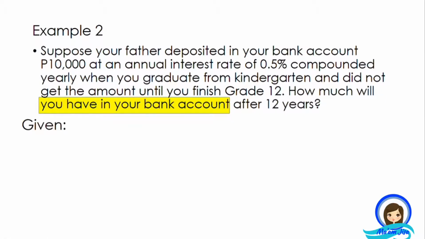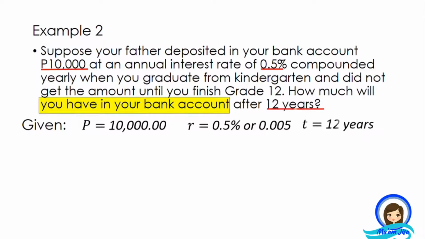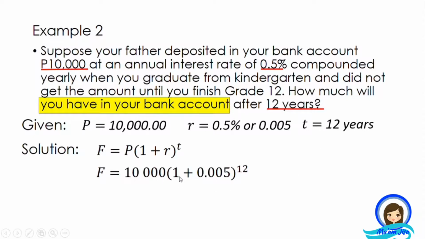Identifying the given data, we have the principal, 10,000 pesos. The rate is 0.5%, or that is equivalent to 0.005. Term is 12 years. Substituting it to the formula, 1 plus 0.005 is 1.005 raised to an exponent of 12.